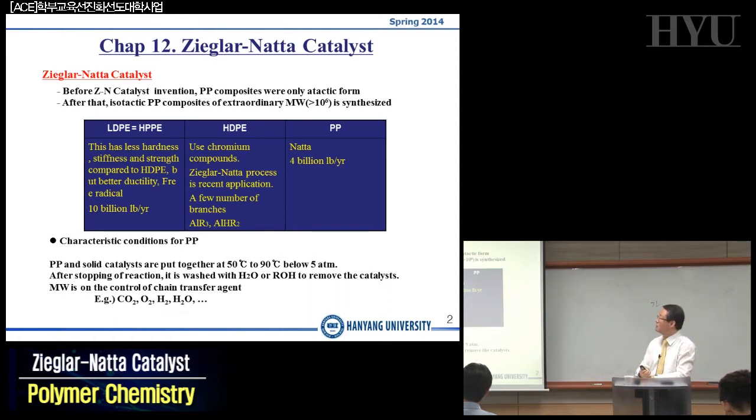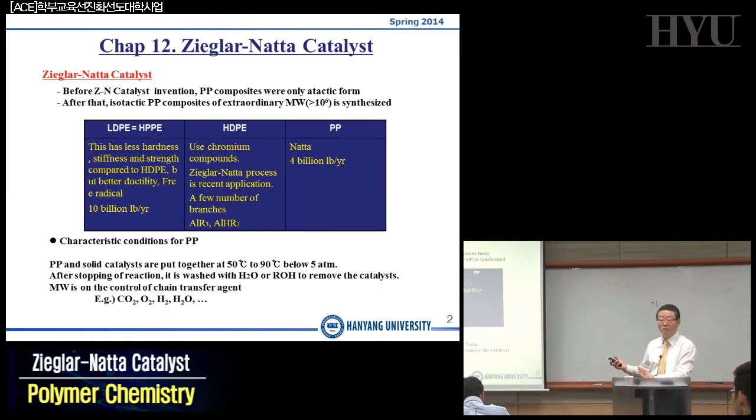Ziegler is a German chemist, whereas Natta is an Italian chemist. And for the invention of the Ziegler-Natta catalyst, they received the Nobel Prize in 1963.